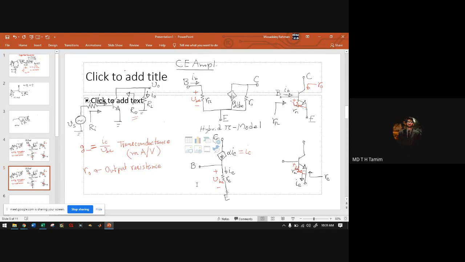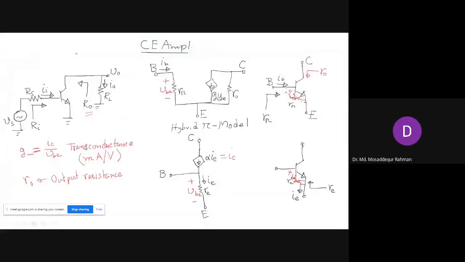Sir, R pi is equal to 1 plus beta into RE. Yeah, how do we get that?